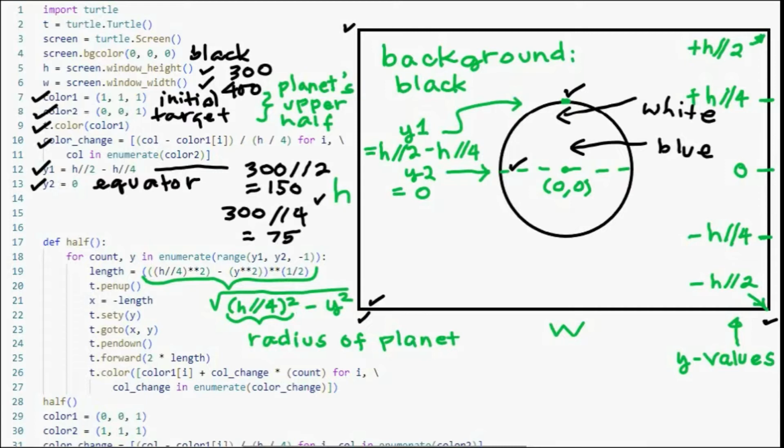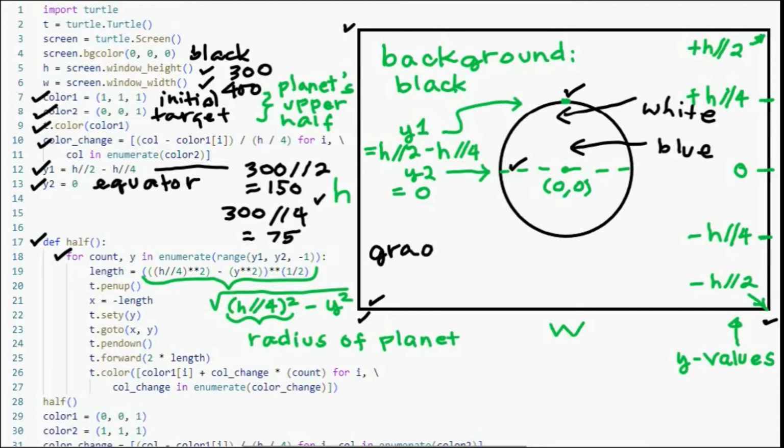Now let's go to the creation of the upper half of the planet. I defined here the upper half, command number 17. Number 18 is very important in creating gradients.